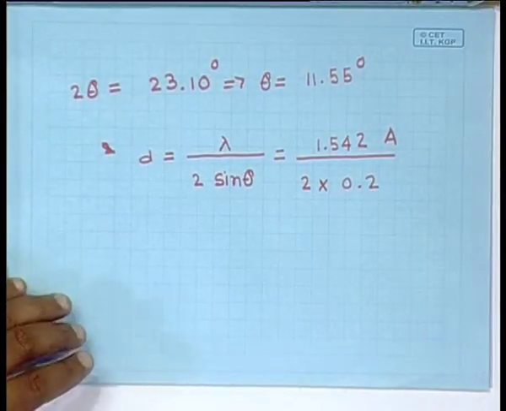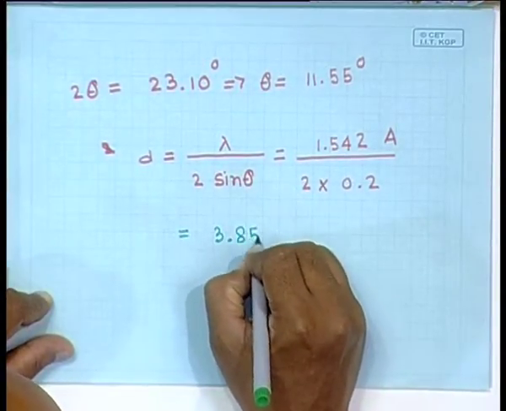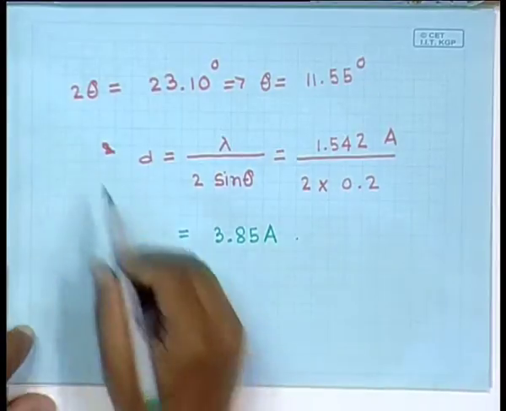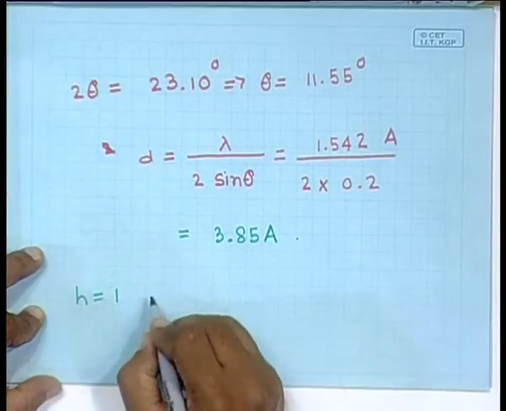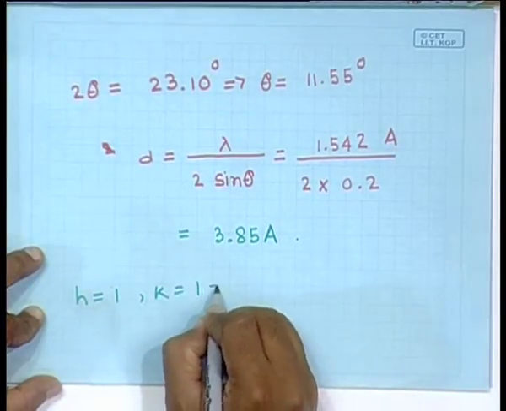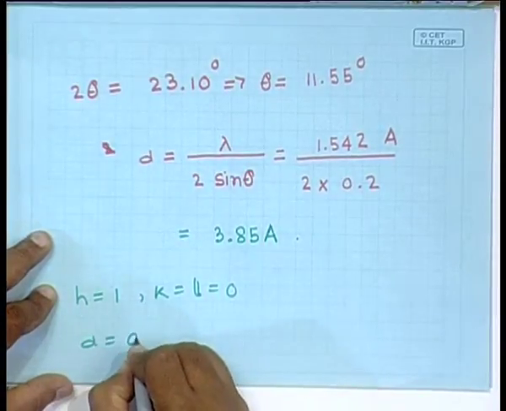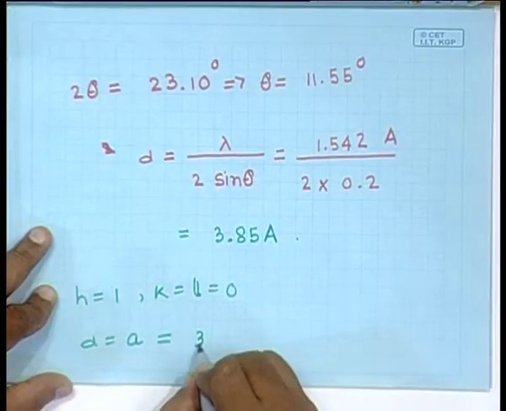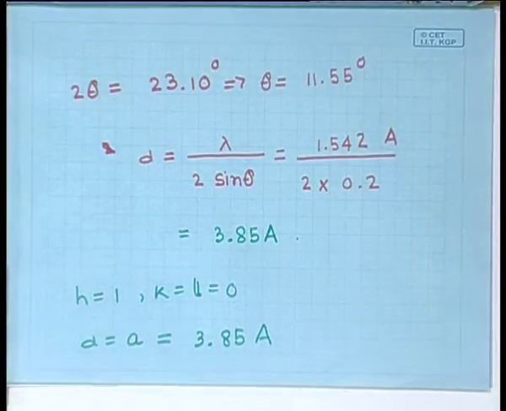So, it tells me that the value of d for this is 3.85 Angstrom, and the smallest angle theta we can interpret as being h equal to 1 and the other two zero, which tells us that d is equal to a, which is 3.85 Angstrom. So, we can use the smallest angle theta to determine the interatomic spacing, and it comes out to be 3.85.